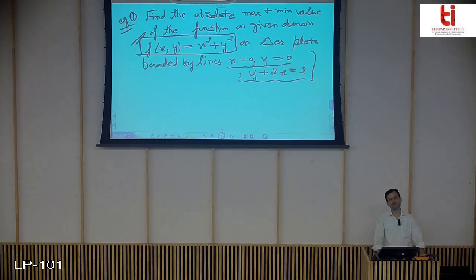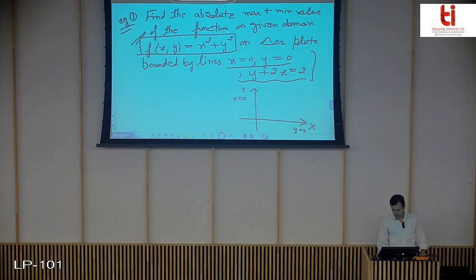Earlier there was no boundary. The region in the xy plane was the whole xy plane, so you can't have a boundary there. But now the region is restricted to some boundary. Here, the region about which you have to find the maximum and minima is given. So this is your y = 0 line, this is your x = 0 line, and y + 2x = 2.